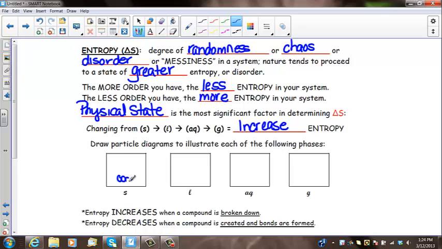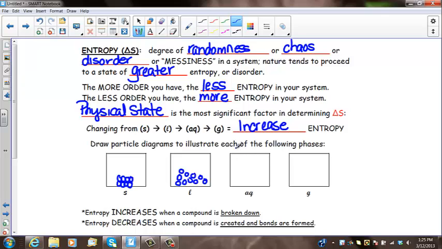So in a solid, we know that particles are close together. They usually form a crystal lattice and they vibrate in place. Particles in a liquid are free to move past one another. They're not quite as ordered. In an aqueous state, usually molecules will dissociate.